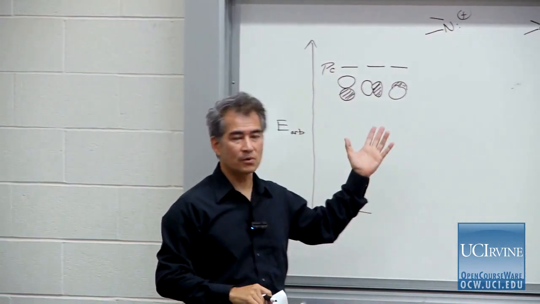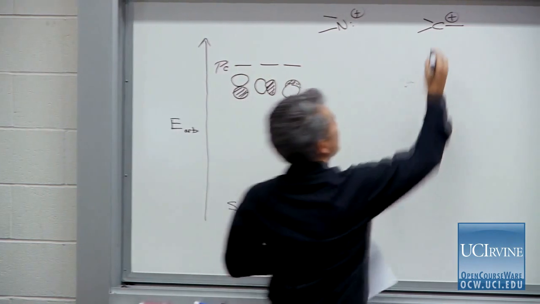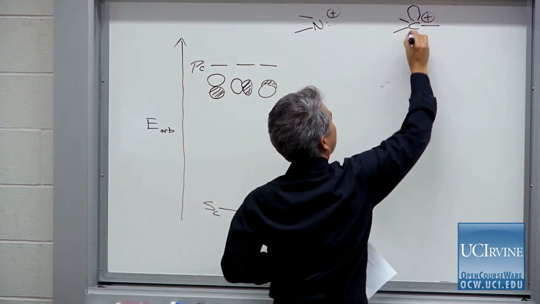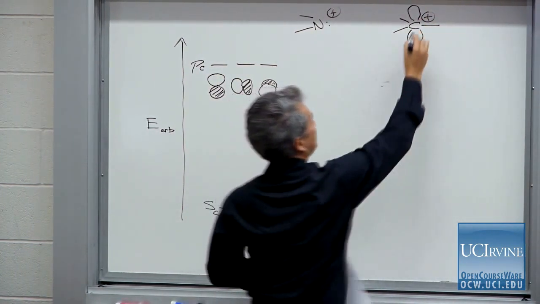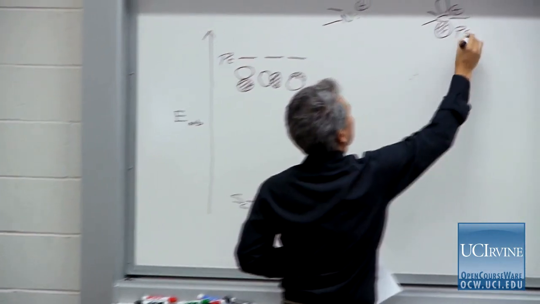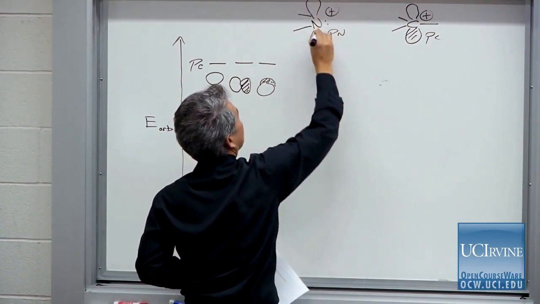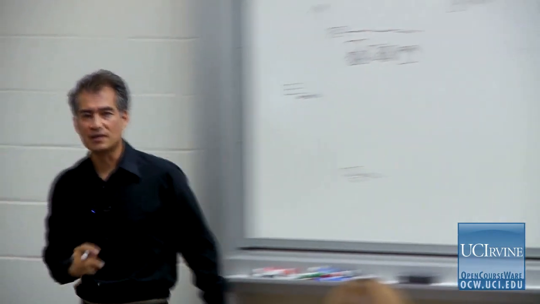But I just told you, in essence, how to answer this question. So I've got 2 different cations, and the way to answer this question is we finish this up by drawing the fact that there's an empty p orbital on carbon, centered on carbon here. And here there's an empty p orbital located on nitrogen. Let me draw it in. It's empty. It would love to have a pair of electrons there.